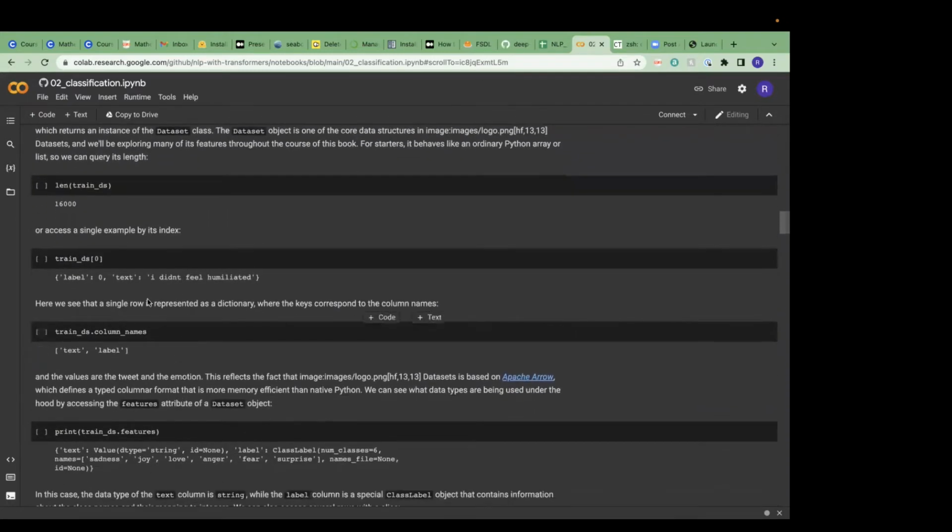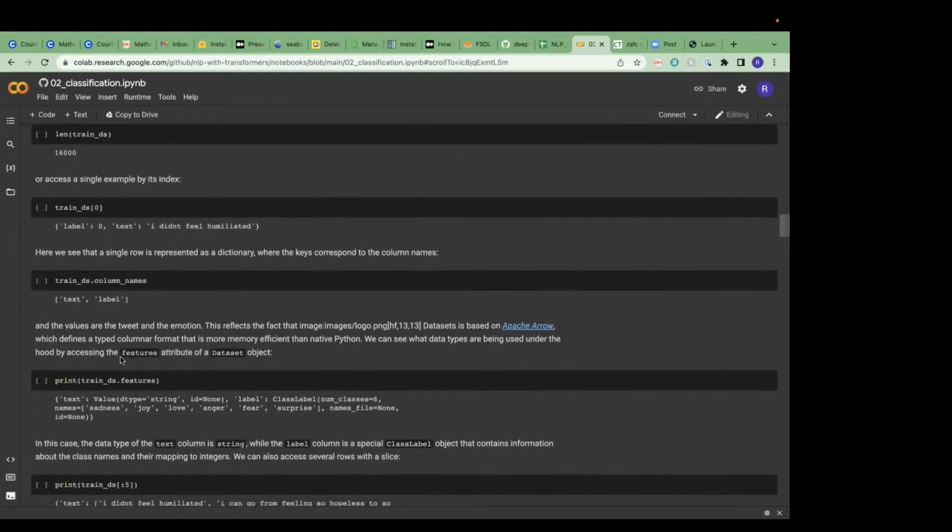And then displaying some examples. One example tweet was, I didn't feel humiliated. The column names are pretty straightforward. It's mainly the text and the label, which is the emotion.